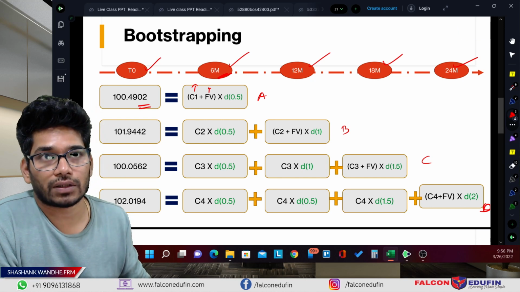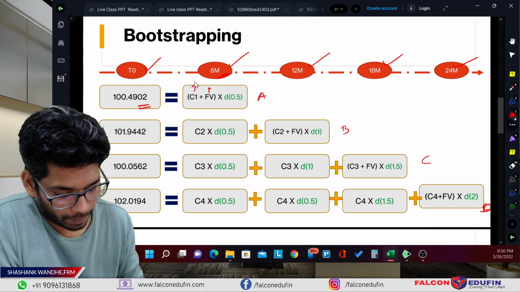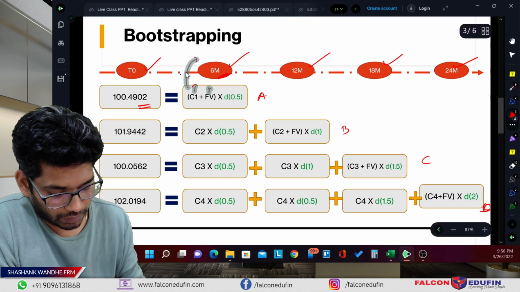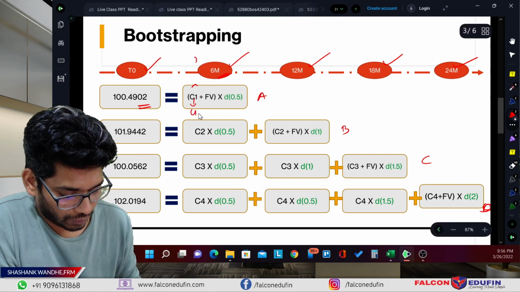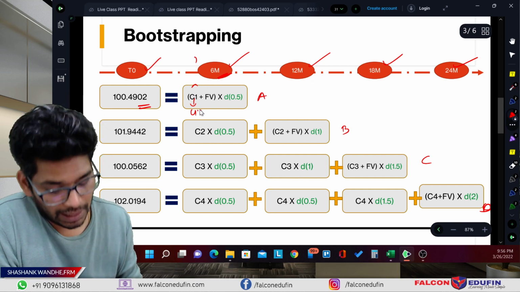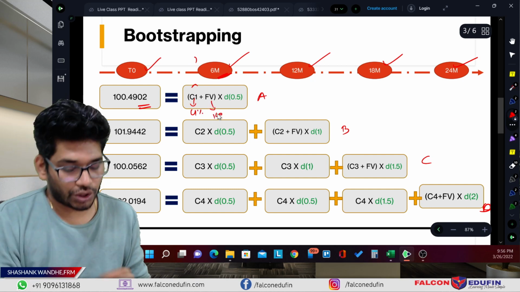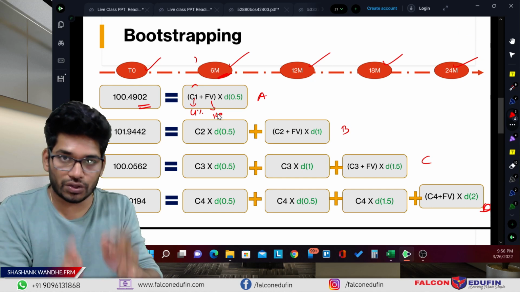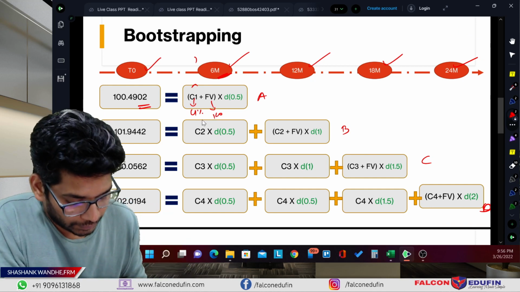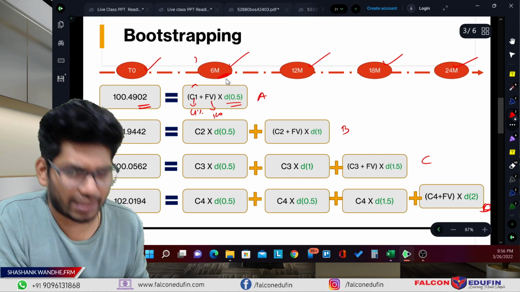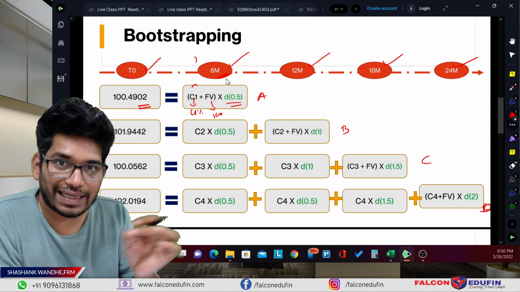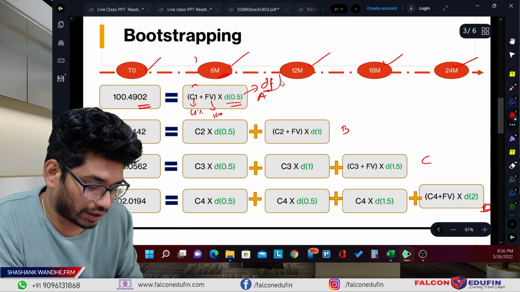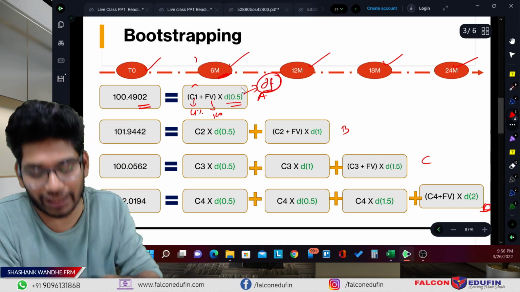What is the coupon here? Coupon is 4% semi-annual, and FV is 100. So you have all the information: the price of the bond, C1 and FV. And D.5 is the discount factor, DF, which was used to arrive at the price of this bond.